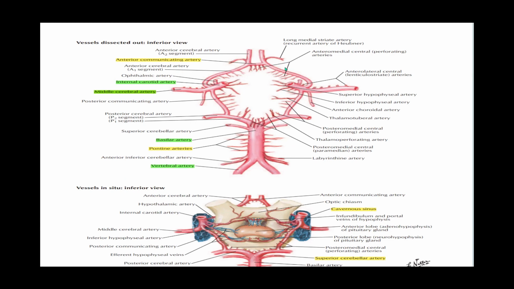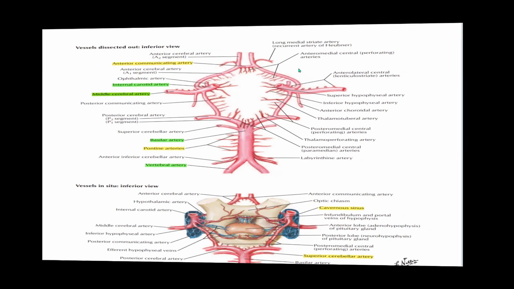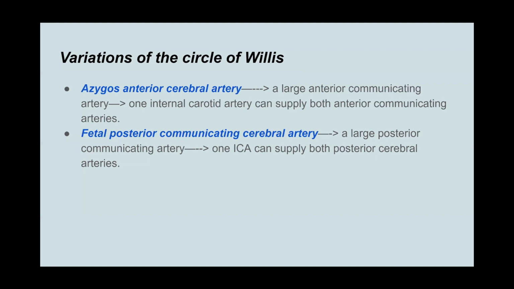Let's assume there's a blood clot blocking this anterior cerebral on this left side, and you have a large anterior communicating here. Blood can sufficiently flow to perfuse the compromised part of the brain, and that's called the azygous anterior cerebral artery.